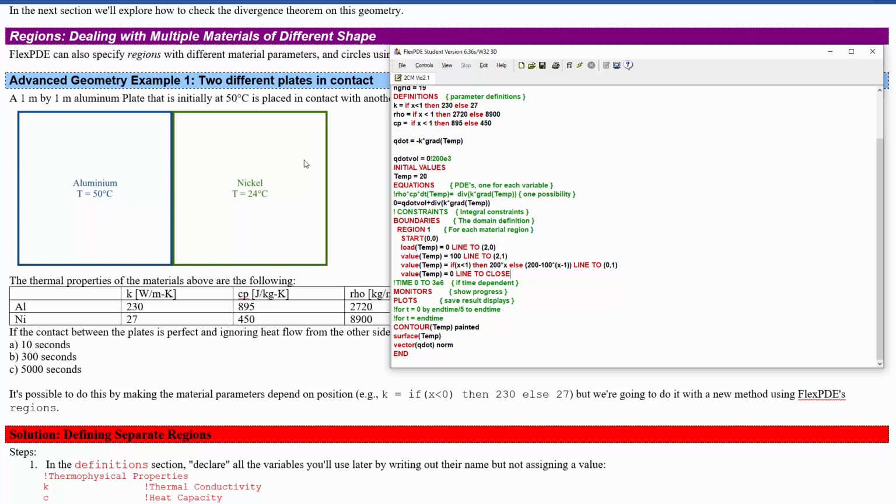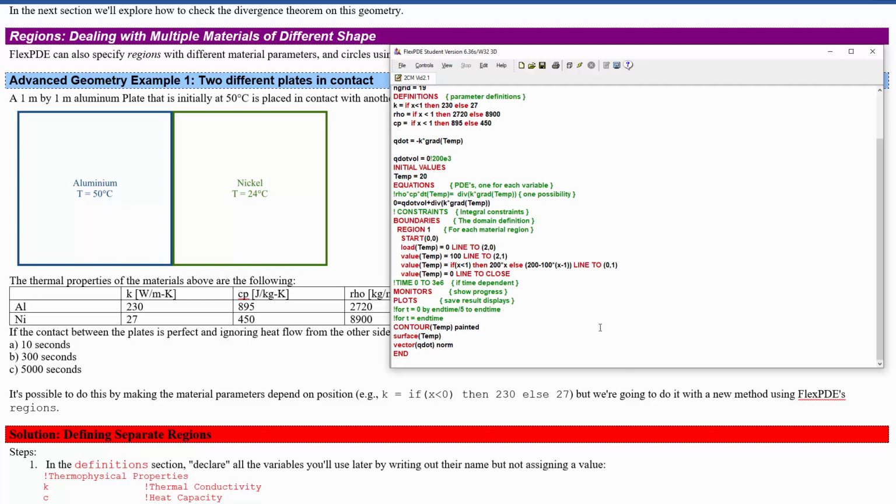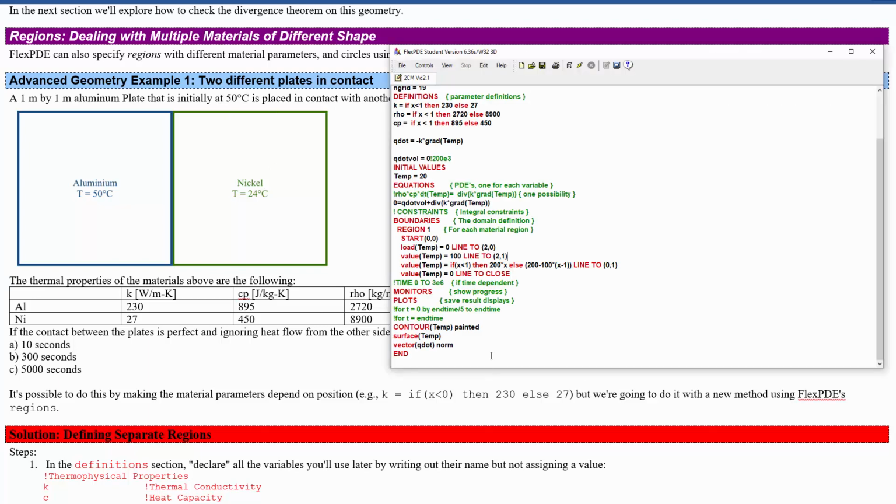The boundary conditions. So if we have an initial plate that's at 0, nickel is initially at 24, we can put in a boundary condition there, but everything else is insulating, right? So we need insulating boundary conditions everywhere. So we'll get rid of these and let the first boundary condition stick for the whole rest of the shape.